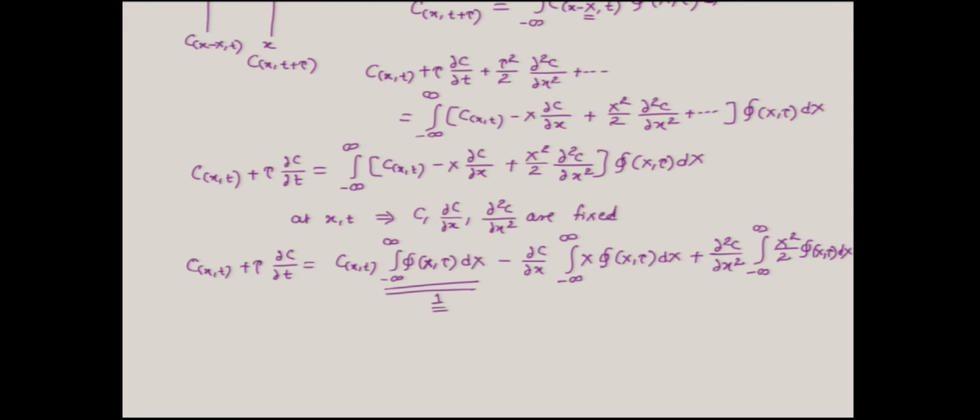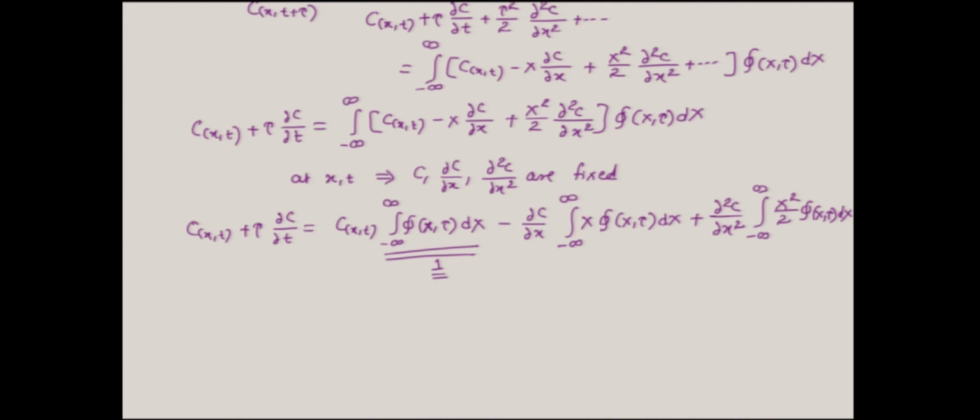What about this integral X phi of X tau and integral X square by 2 phi of X tau? So, let us consider n particles. So, in time interval tau, let us say out of n, n1 have increased their x coordinate by x1, n2 have increased their x coordinate by x2, and so on.